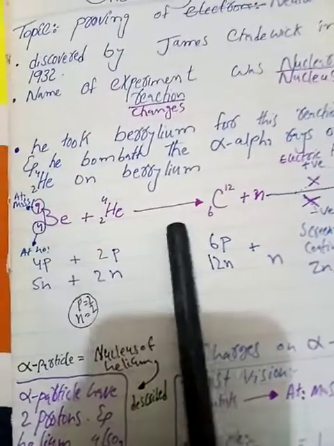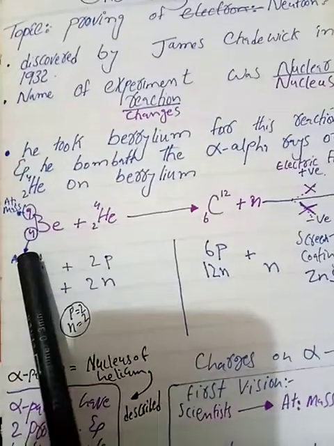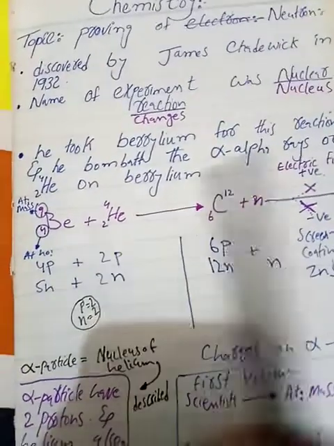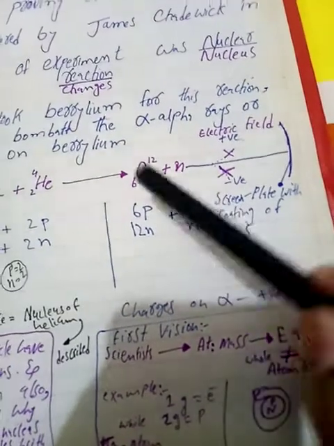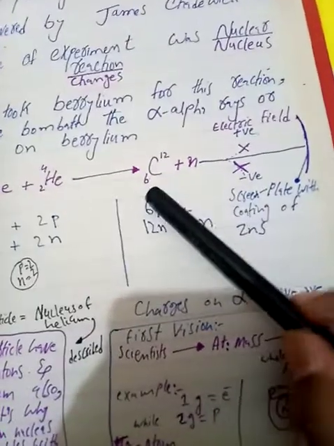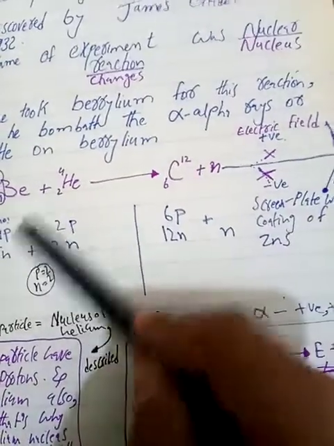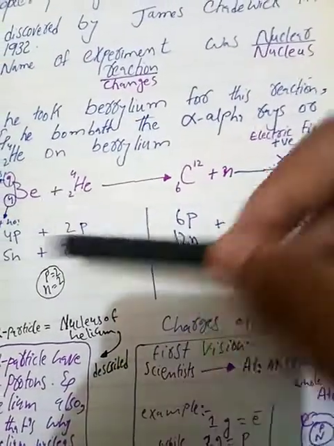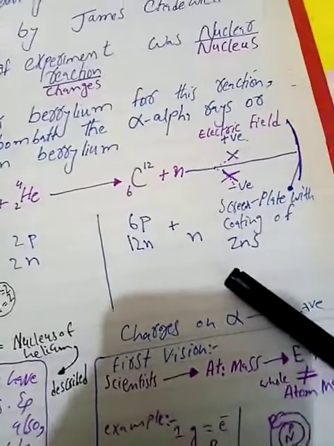So we have the reaction: beryllium plus helium, which is an alpha particle. When the reaction happens, it produces carbon, whose atomic number is 6 and atomic mass is 12. But the neutrons required were 13, and in the product we are getting only 12.